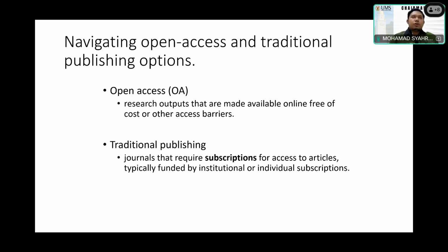If your research is secured with a research grant and you have some money, you can choose the first one, because it will benefit you in terms of citation later. The subscription option is still okay, but in terms of visibility and citation it is quite lower than open access. Okay.